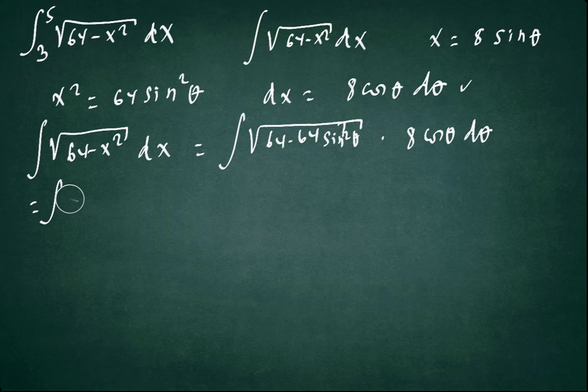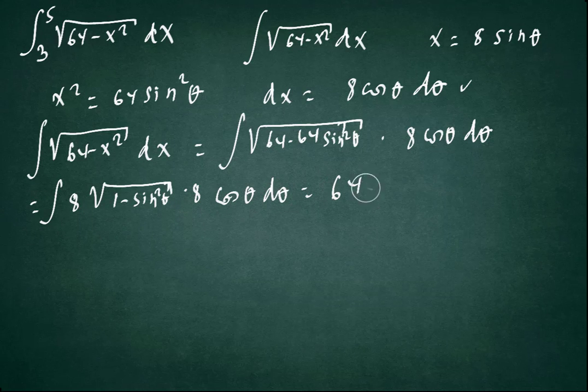So we get the integral of 8 times the square root of 1 minus sine squared theta times 8 cosine theta d theta. That gets us, we pull out the 64, the integral of, now we know that 1 minus sine squared theta is cosine squared theta. We pull it out, so it becomes cosine theta times cosine theta, that's cosine squared theta, and d theta.